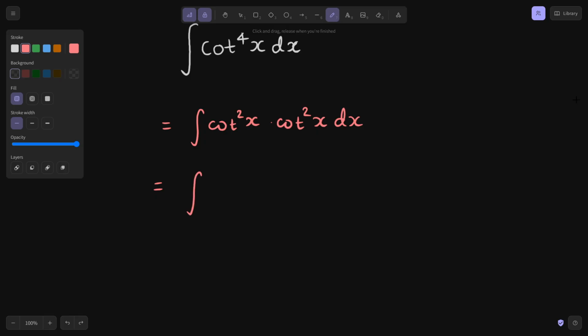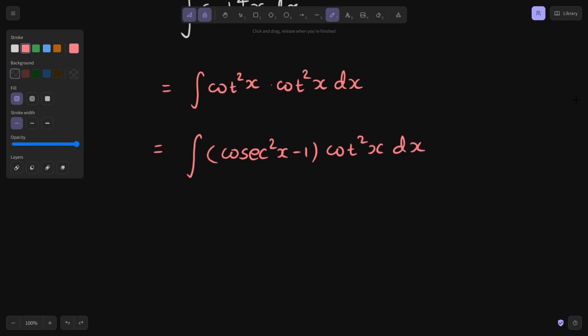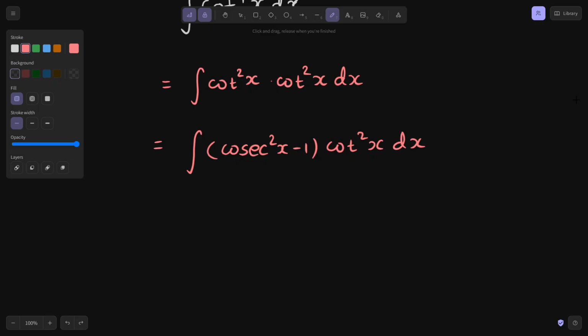So here the first cot²x, with the help of identity, I can write that as cosecant²x minus 1, because 1 plus cot²x is cosecant²x, so cot²x can be written as cosecant²x minus 1.